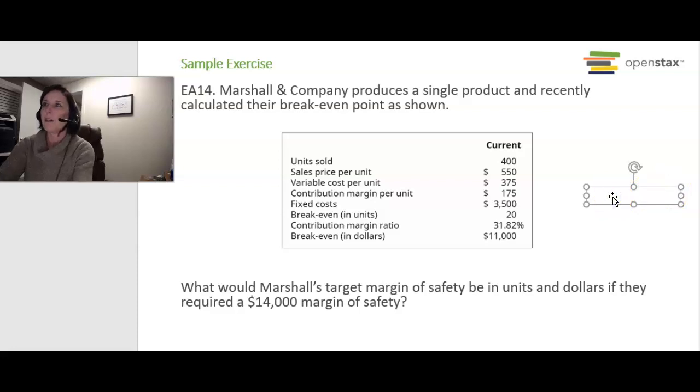This is not going to be neat, but our numerator here would be our fixed costs plus our target margin of safety, in this case $14,000. And that's our numerator, over our contribution margin per unit, which in this case is 175. I told you this wasn't going to be neat, but that is our calculation in order to do that.